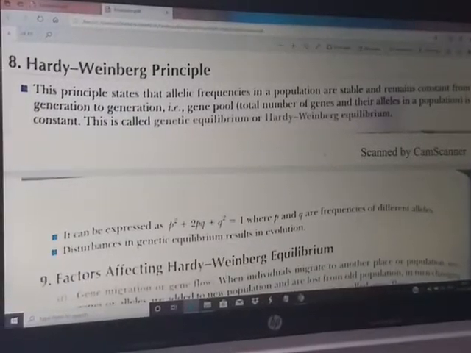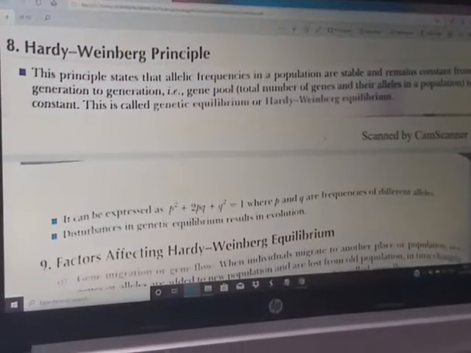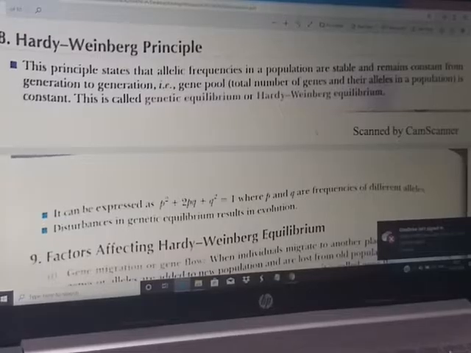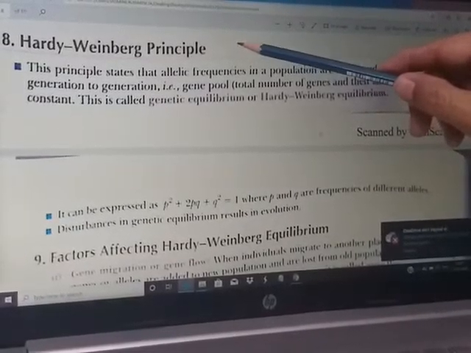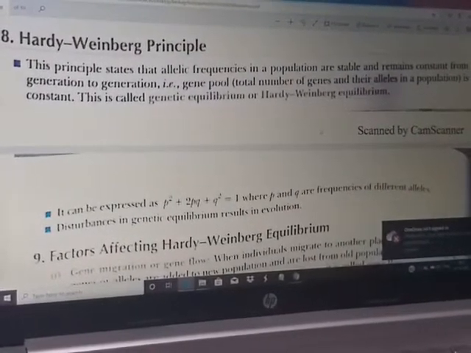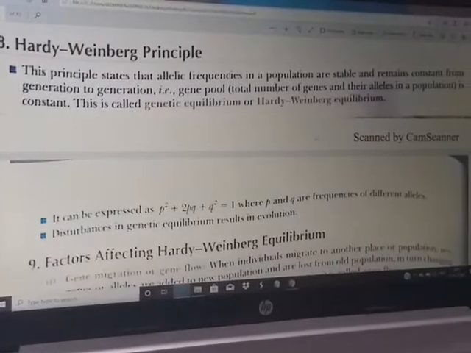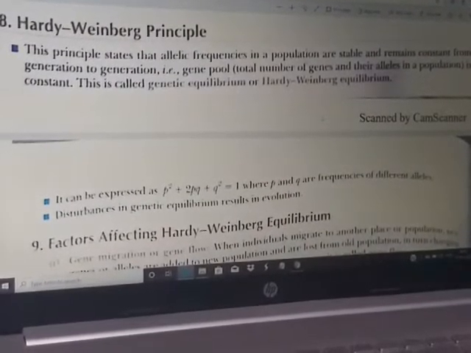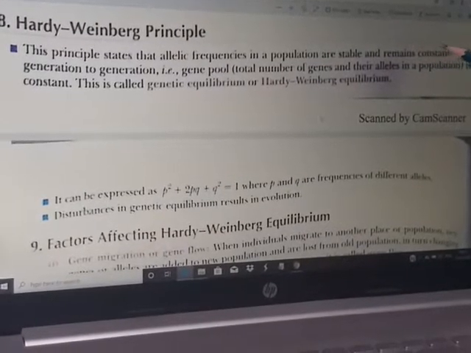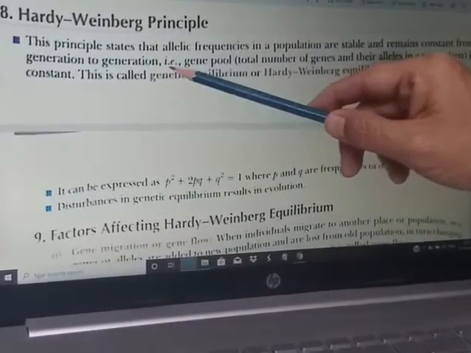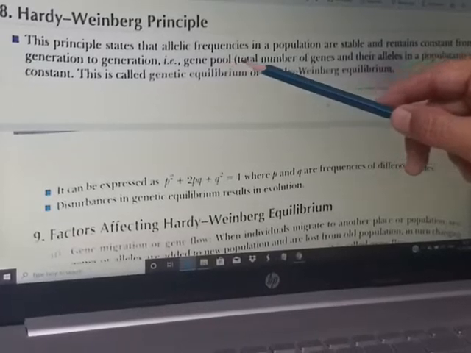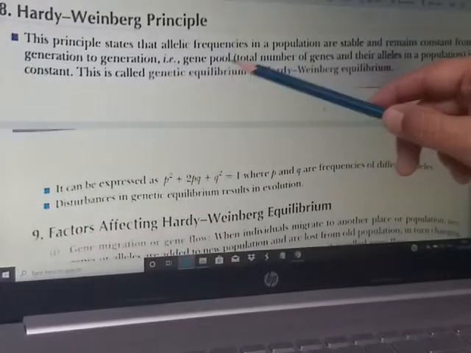Hello students, today we are going to start a new topic, Hardy-Weinberg principle from the chapter Evolution. According to this principle, allelic frequency remains constant from generation to generation, means the total gene pool remains constant.